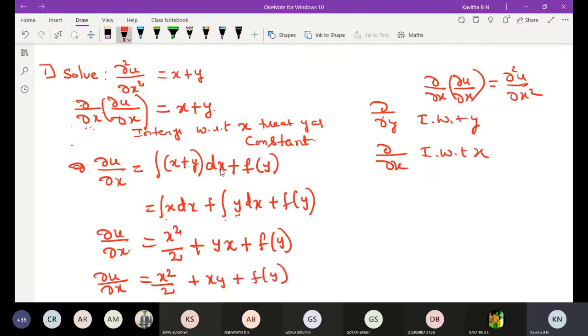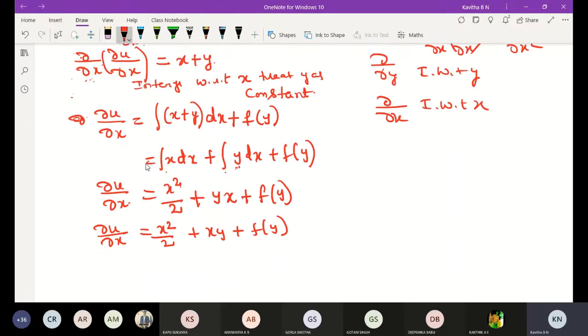Then what we have to do, again integrate with respect to x. ∂u/∂x means integrating with respect to x again.